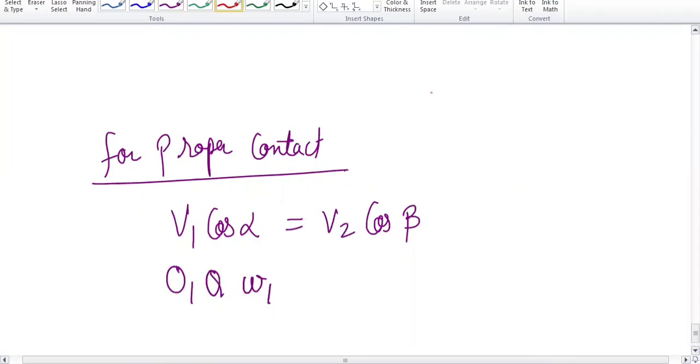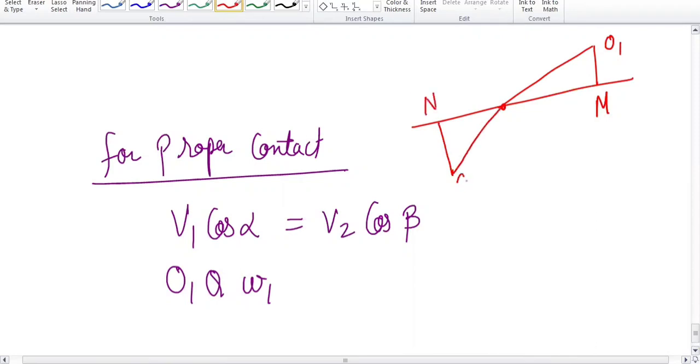Where is the triangle, Anjali? Let me draw it again. This is the line, and here is the triangle: O1, M, and N, sorry, I'm drawing again, O2, and this is M. So the angles: this is beta, and this angle is alpha.